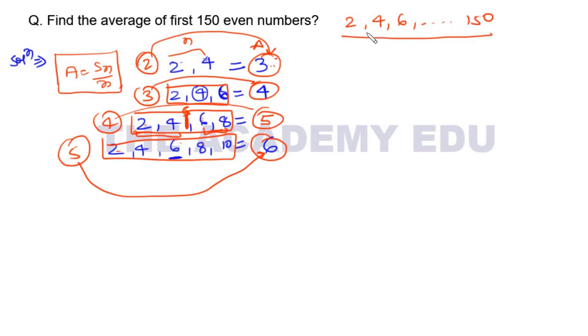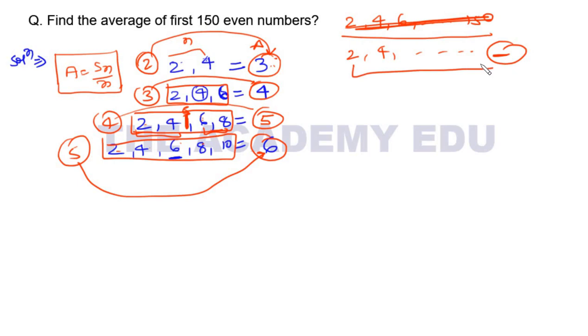So what is the average? If I want to tell you what is the average, how you can find? Now the question is saying find the average of first 150. Question is saying the first 150, means first, second, up to 150th even number, right?